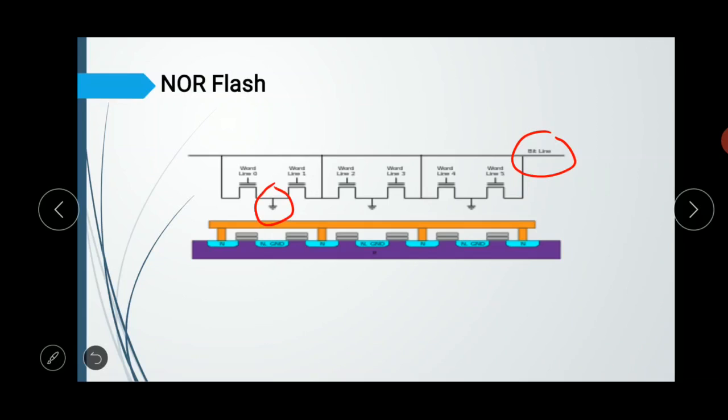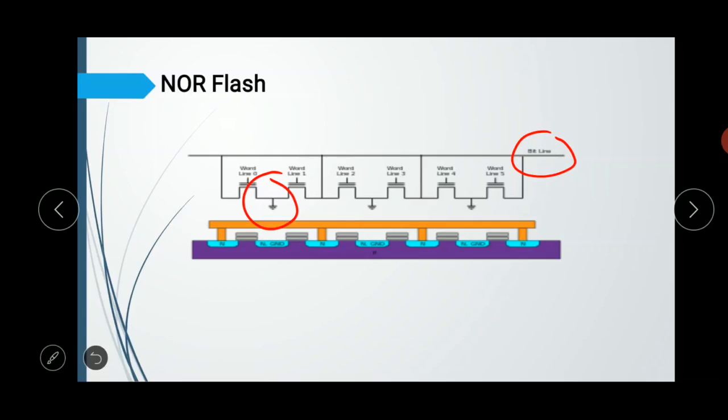So NOR flash uses more space than NAND to save the same amount of information, since two flash cells share the same ground potential in this configuration. Here we can see that two transistors share the same ground potential.